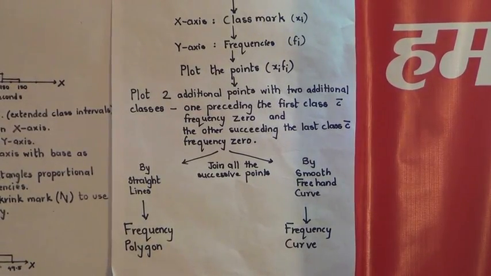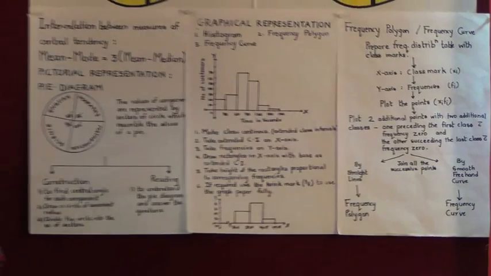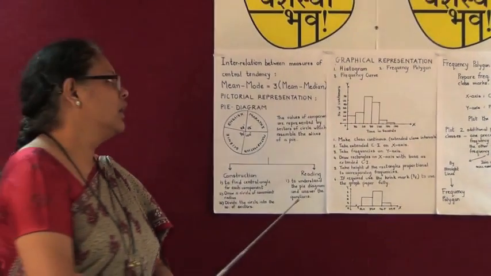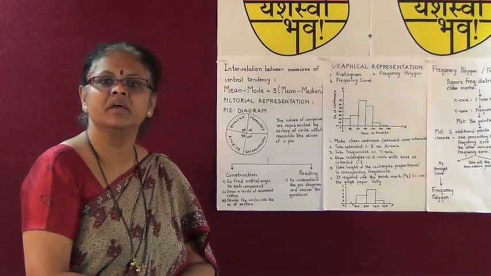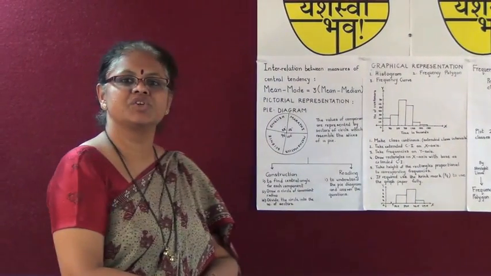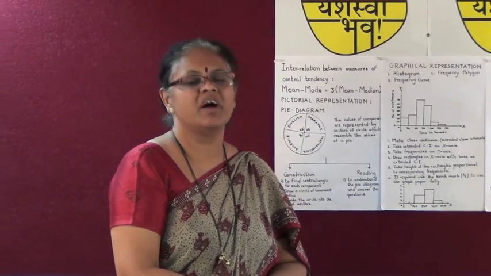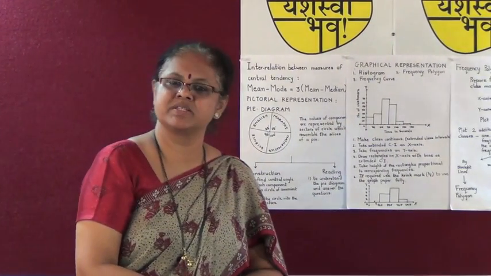And that is the only difference between the frequency polygon and the frequency curve. Up till now we have seen the measures of central tendency, that is mean, mode, median, along with the pictorial representation, that is the pie diagram, and the graphical representation, that is histogram, frequency polygon and frequency curve.